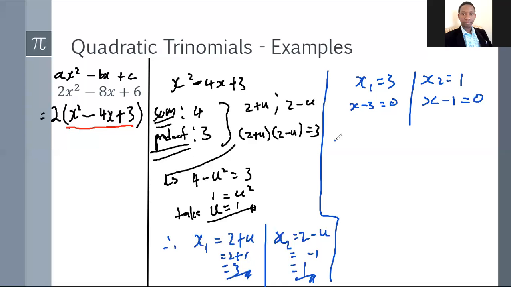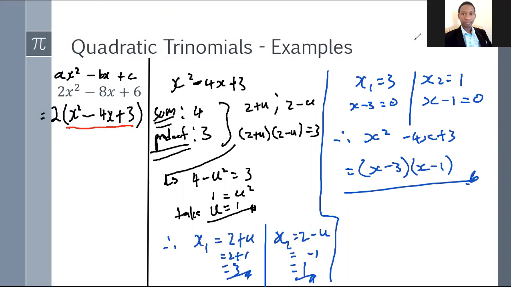Therefore, the expression x squared minus 4x plus 3 actually factors into x minus 3, x minus 1. Now, I can write and say, well, this is 2 into x minus 3, x minus 1.